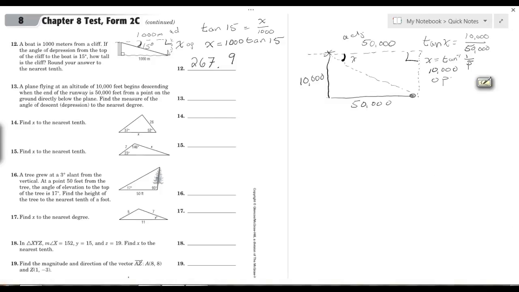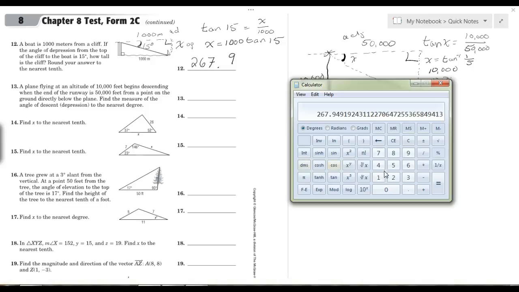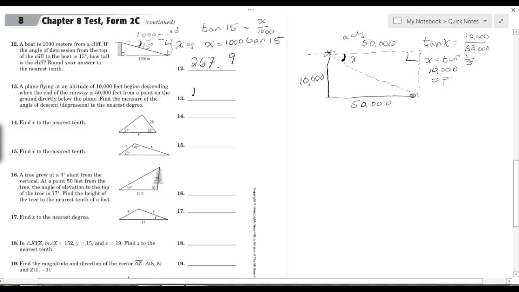So I'll put that into my calculator. 1 divided by 5, inverse tangent equals 11.30. It wants me to round to the nearest degree, so that's just going to end up being 11.3 degrees. Oh, to the nearest degree, not the nearest tenth, sorry. Just 11 degrees. Let's go ahead and scroll down again some.